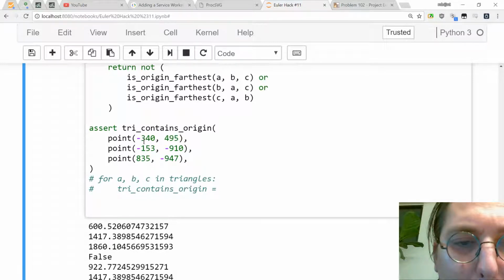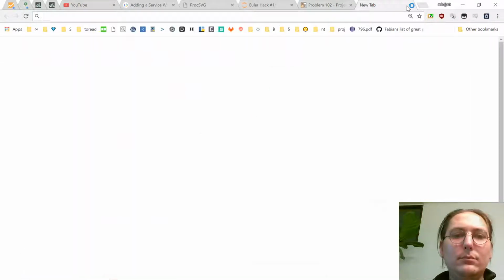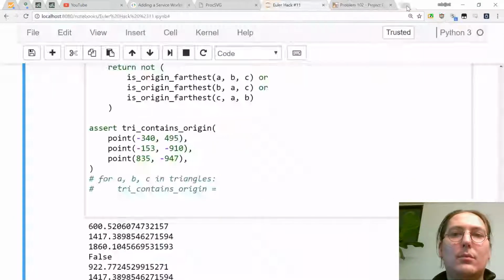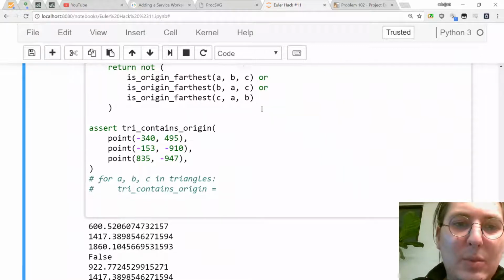OC is greater than CB. OC is greater than CB. I think our condition should be that at least one of the points should be further, not both.